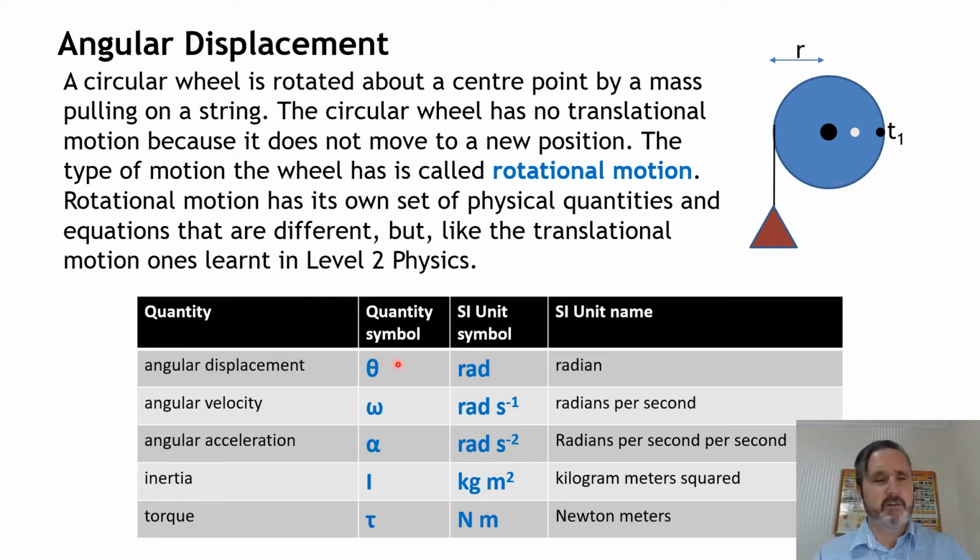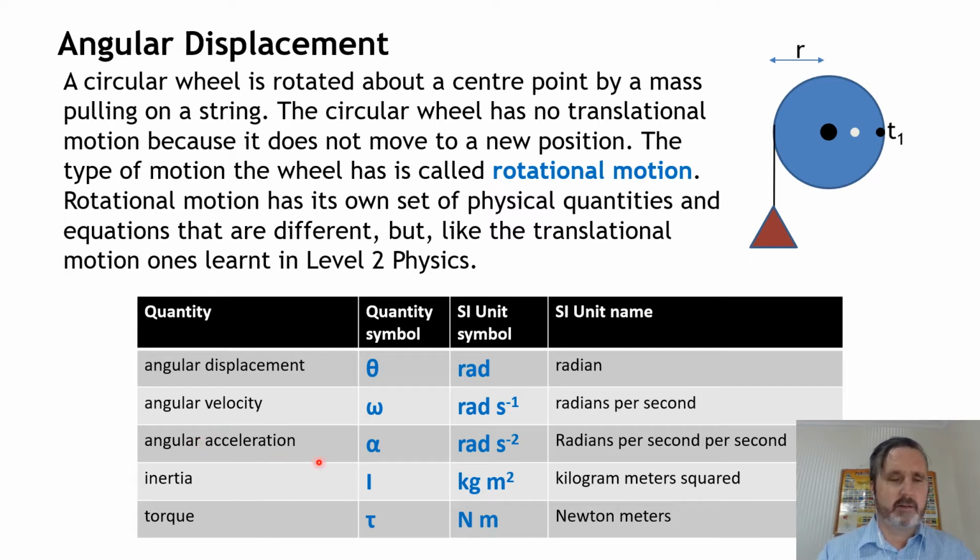But before we do that, here are some other quantities that we are going to go over in the next few videos. The first one is called angular displacement, and it has the symbol theta. The second one is angular velocity, and it has this kind of Greek w symbol here.